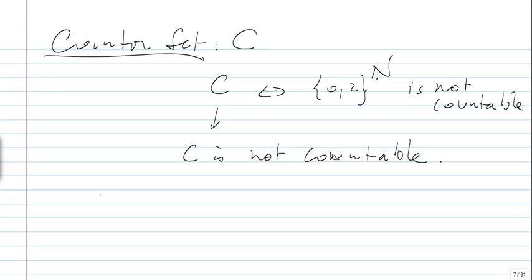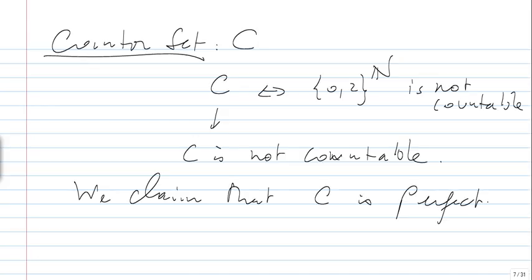Why? Because we claim that C is perfect. Okay? We know that it is closed. So why is it perfect?